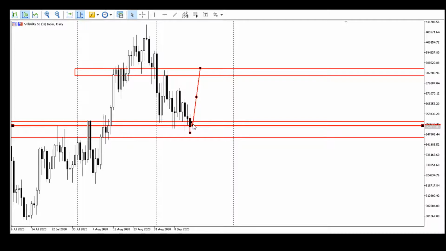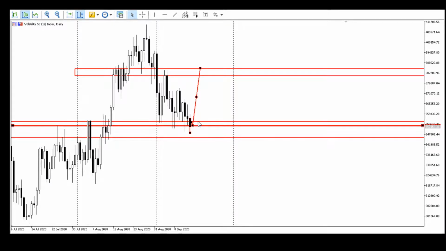If I buy here and I put my stop loss here, once the market is pushing up to here, I will get not less than 1 to 3 risk reward ratio, because this gap, if we buy somewhere here, if you get the confirmation, stop loss is here, it is this gap.